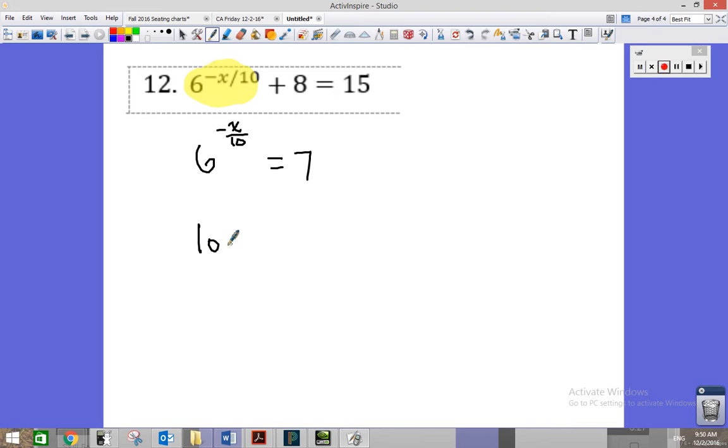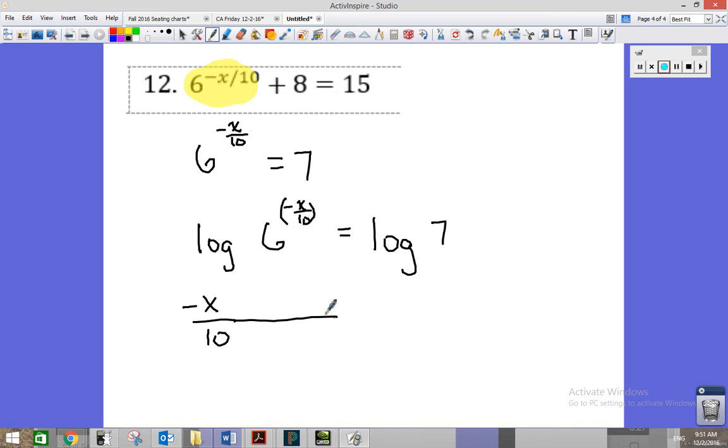If I take the common log of the left-hand side, then to balance the equation, I have to take the common log of the right-hand side. By the power rule, this exponent comes down as a multiplier, and I have x over 10 times, and since I'm just going to put it in the numerator, times the log of 6 is equal to log of 7.